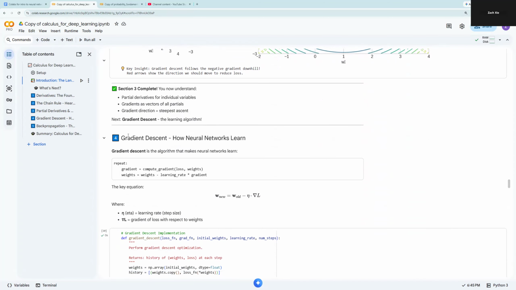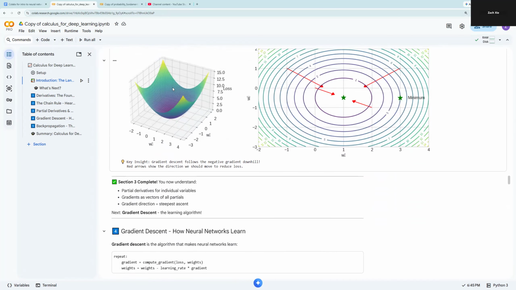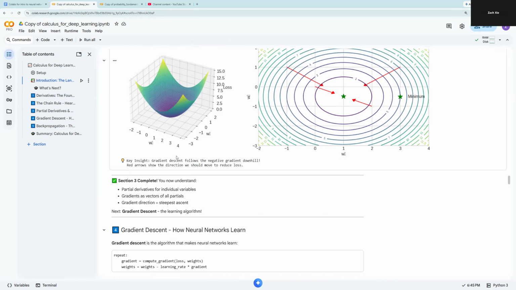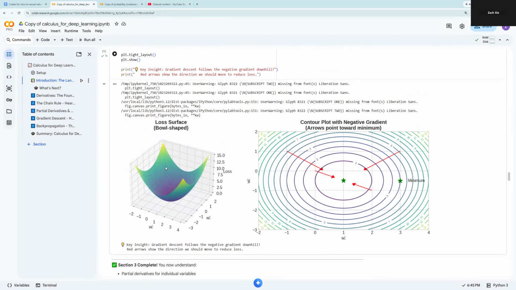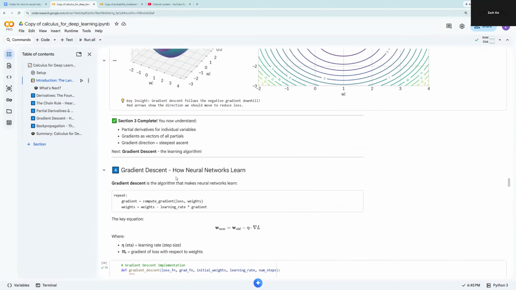So the gradient descent is the key mechanism for neural networks to work, right? We just keep going down, aka descent, in this gradient map until we reach the valley, or the bottom. And this is actually just the loss function, right? We want to achieve minimum loss. That's the goal.